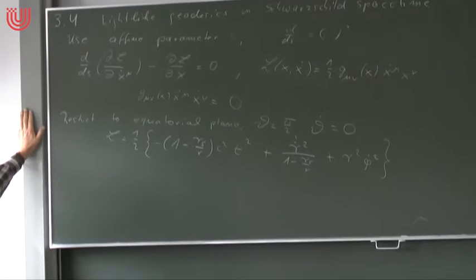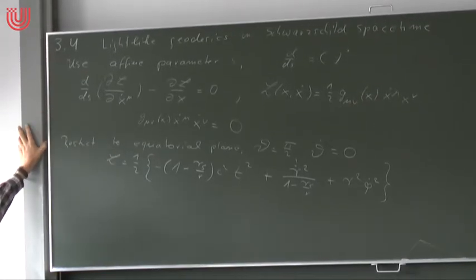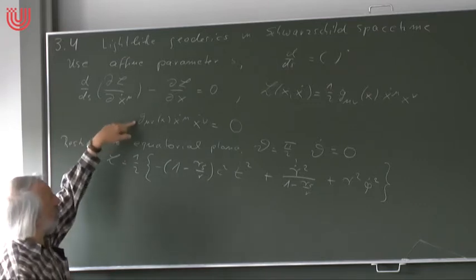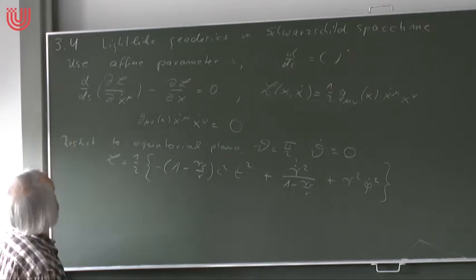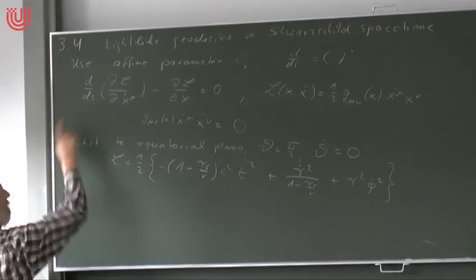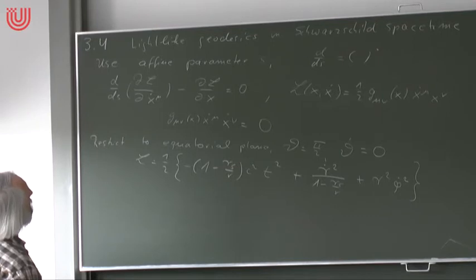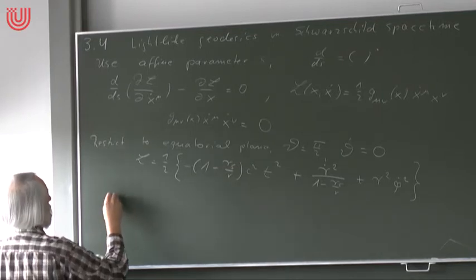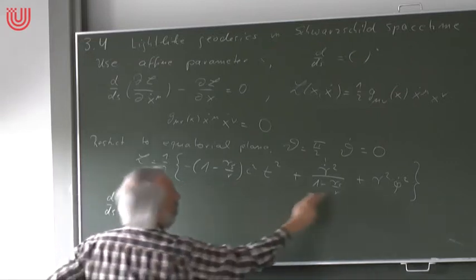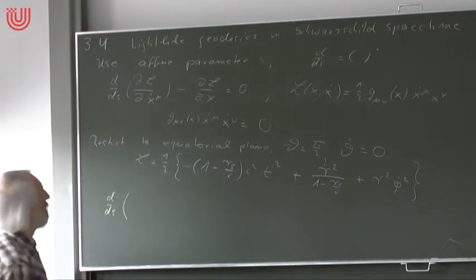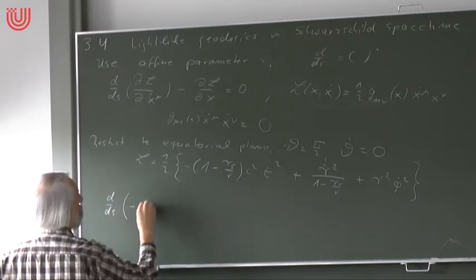Okay, and well, we could write down all 3 components of the Euler-Lagrange equation, but actually, as we have also this equation in addition, it suffices if we consider only 2 of them, as in the time-like case. So I write only the t and the phi component of the first equation. So this gives me d by ds. If I take the derivative of this Lagrangian with respect to t dot, I get a minus, 2 cancels 1/2.